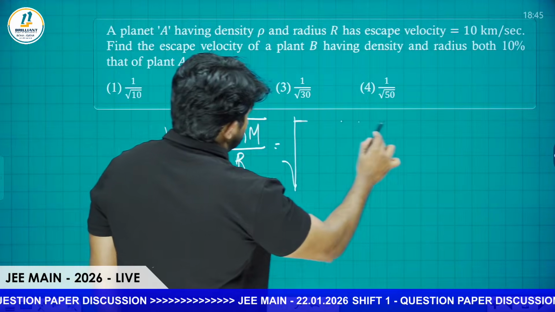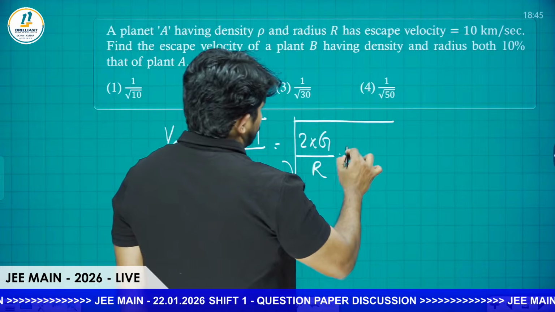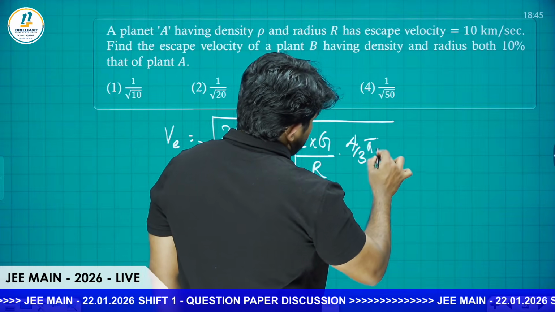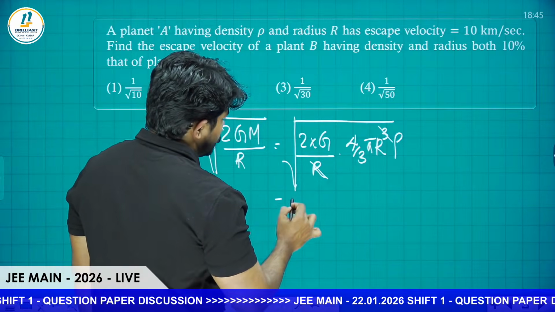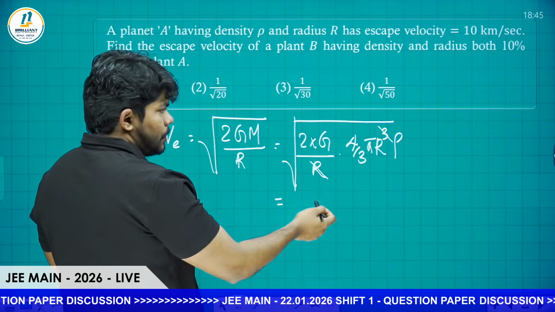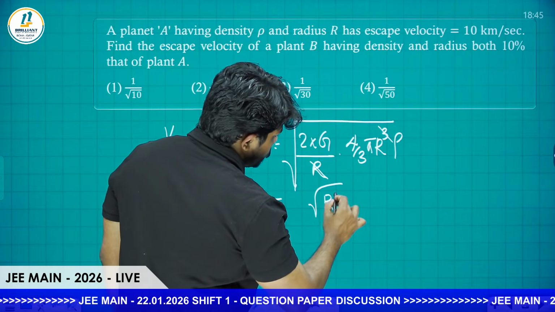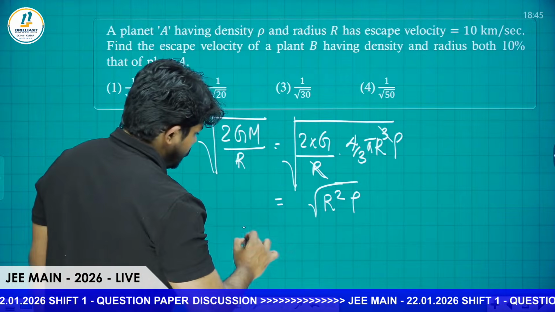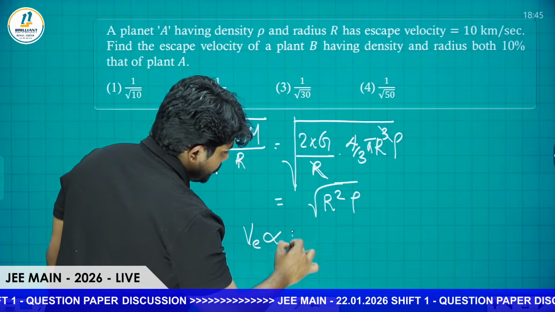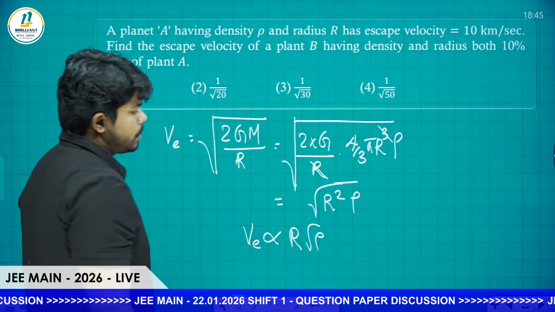So we can write root of 2 times G divided by r times 4 by 3 pi r cube rho. We only need to take the radius and density part, so that will be root of r square times rho. So escape velocity is proportional to radius times the square root of density.